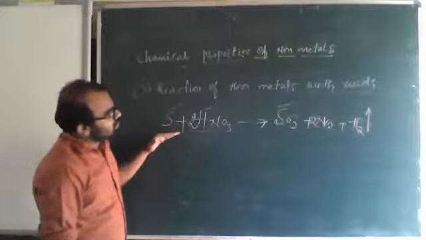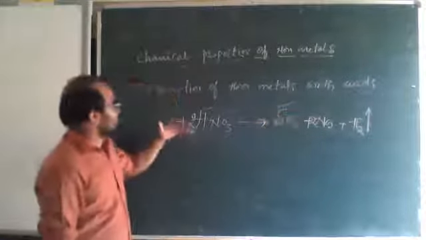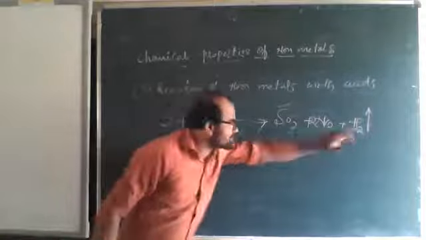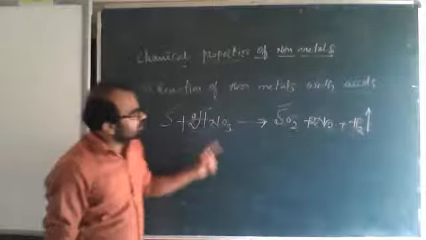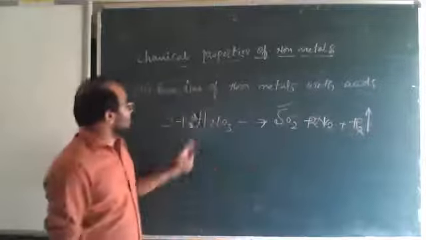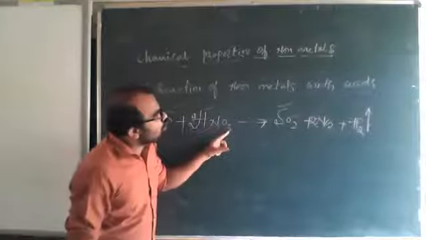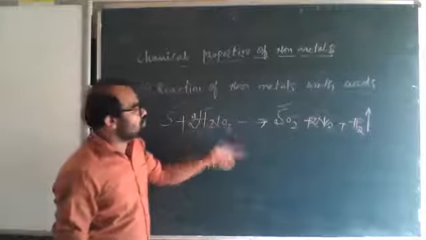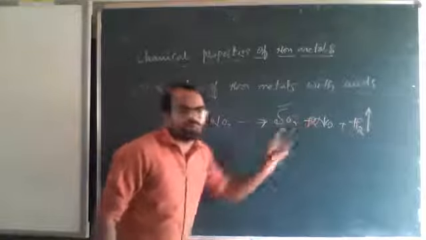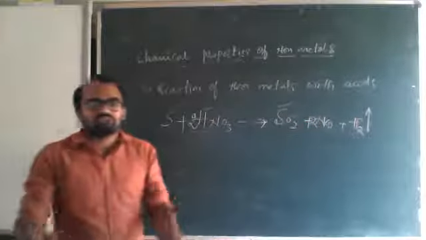So 1S, 1S, 2H, 2H, 2N, 2N, and 6O, 6O, right? O2, O4, 4 plus 2, 6O, done.